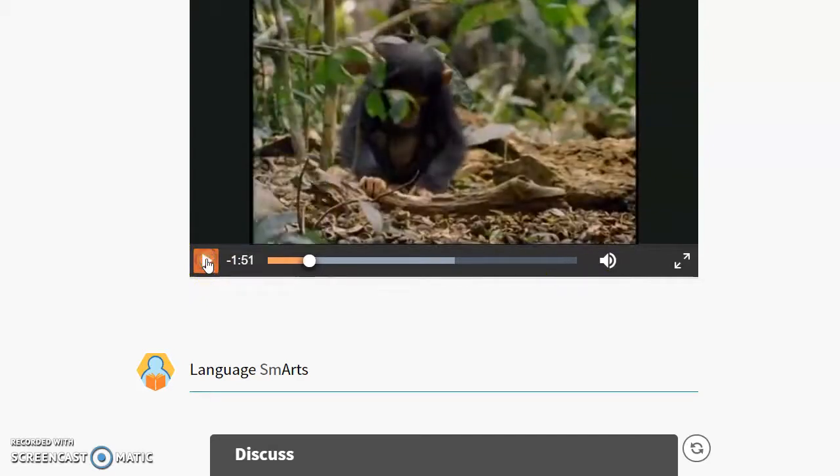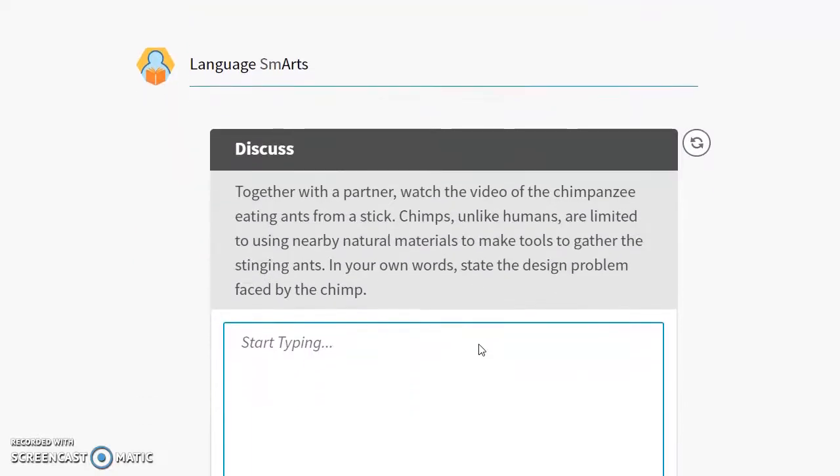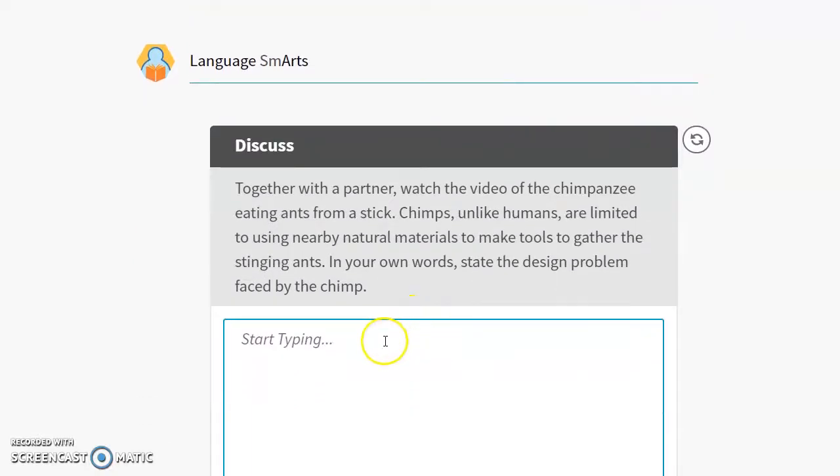Nice. So you can see they just are using tools and using sticks as tools to be able to eat. Okay. They have to use natural material.